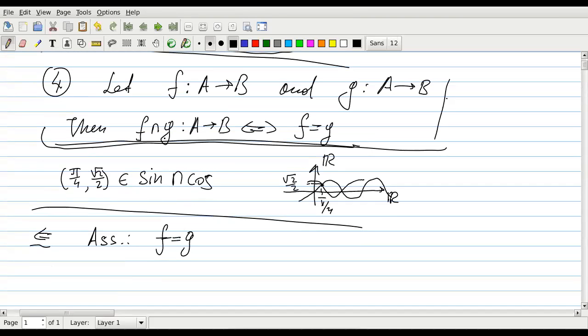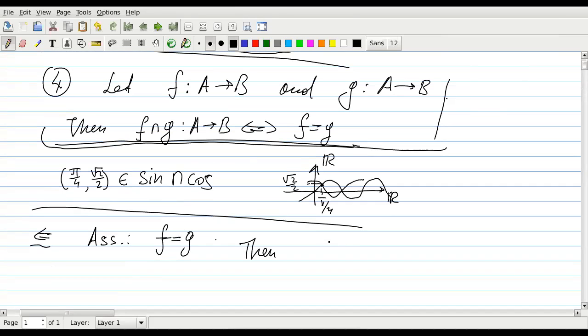So please, any ideas? By the assumption. But can you give more details? I think their domain is A, both of them, right? Of course. And they're equal, they're the same.